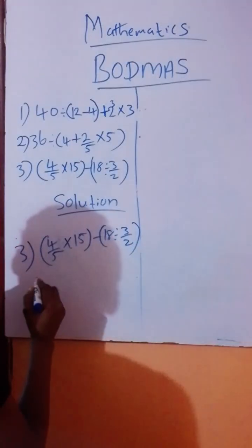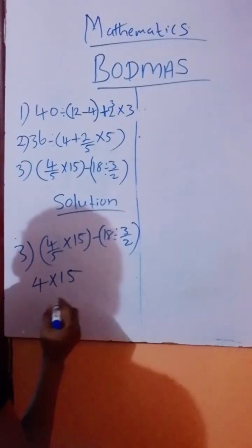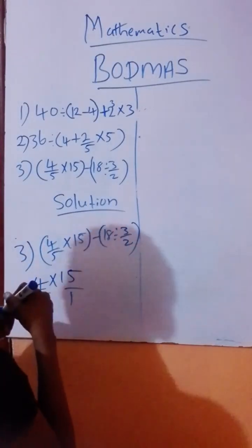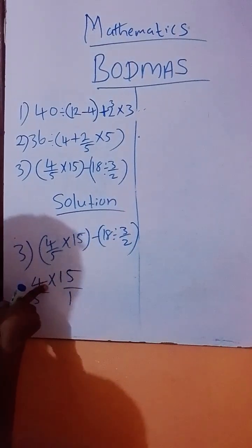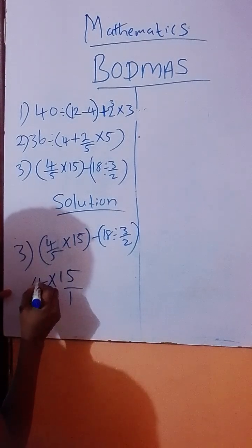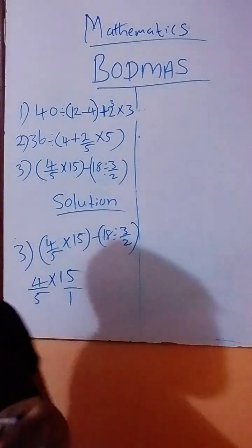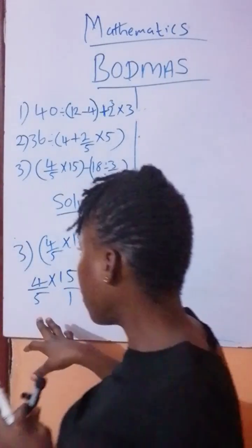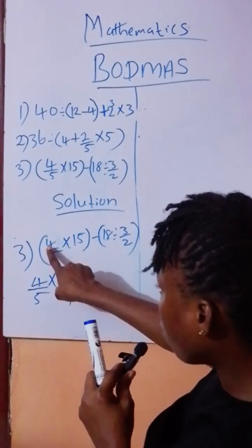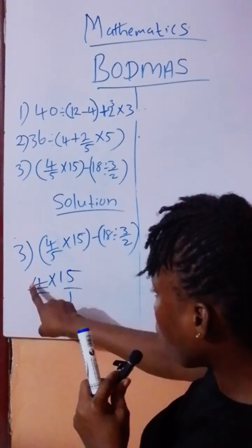We said 4 times 15. We have 4 times 15. This is the 4 times 15, 4 over 5 times 15.